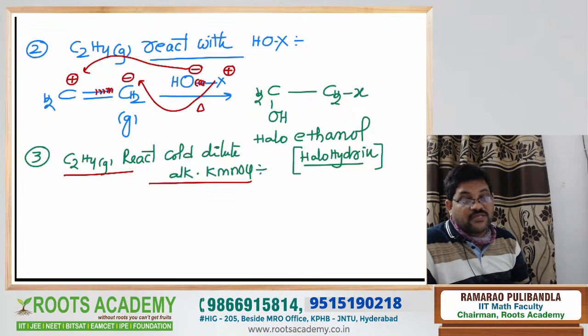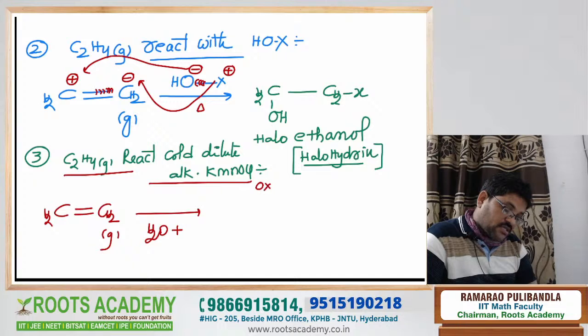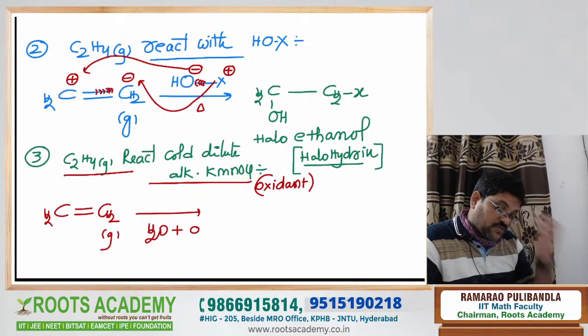Water. KMnO4 is one of the oxidizing agents. Simple explanation. CH2=CH2, ethene gas. So react with what? Ice cold condition. Dilute means what? Excess water. KMnO4 is an oxidizing agent. Because of the oxidizing agent, it gives what? Nascent oxygen. H2O plus O, what do you get? You get H2O2.